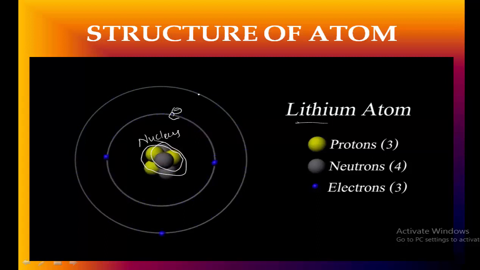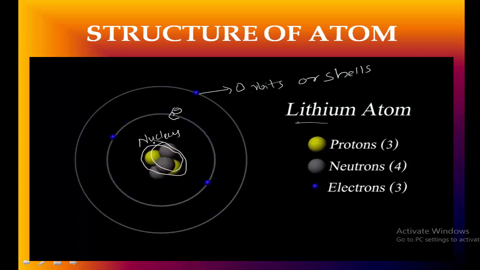These circular paths are said to be orbits or shells. The circular paths in which electrons are revolving around the nucleus are said to be orbits or shells.